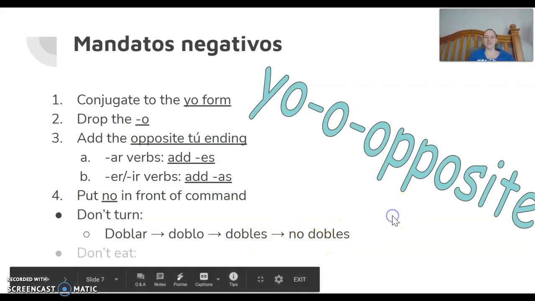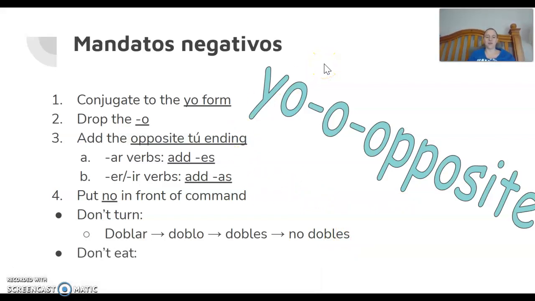It's weird, isn't it? Okay, so don't eat. I have comer, go to como, I drop the o, and then I add the AR tú ending, which is as: no comas. Like, no comas mi pastelito, don't eat my cupcake. It looks really weird, but it's okay.